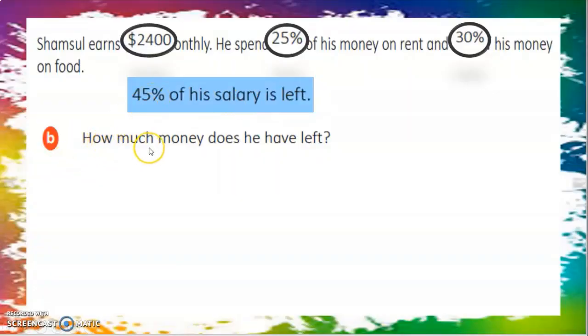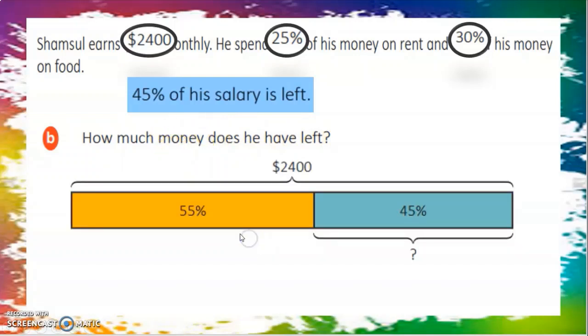Now another question, how much money does he have left? We're talking about the money. So we're going to have the model. We have this spend already and the remaining is 45%. So this 45%, we're going to take how much money?